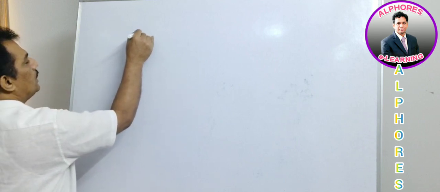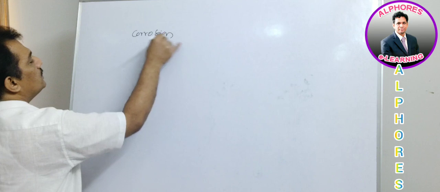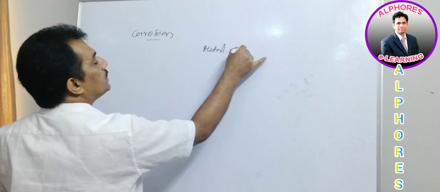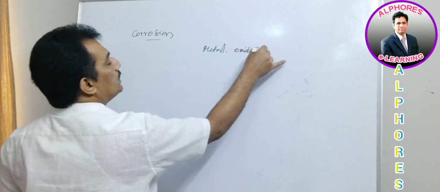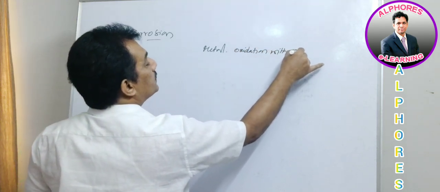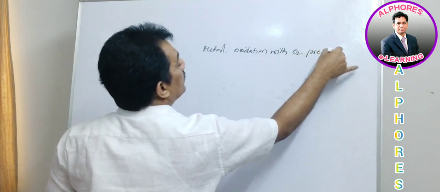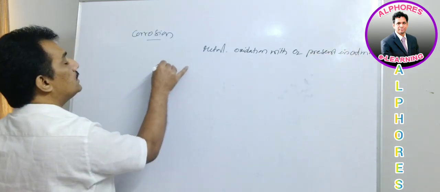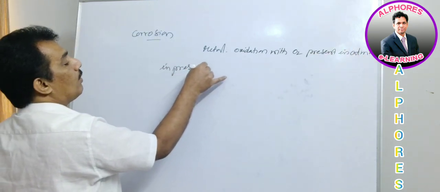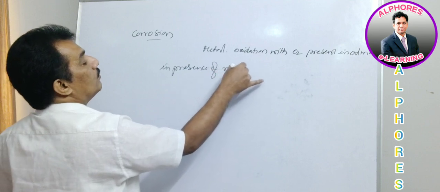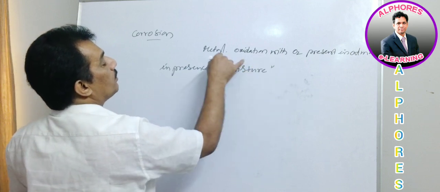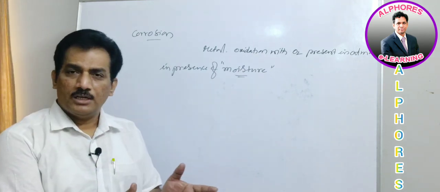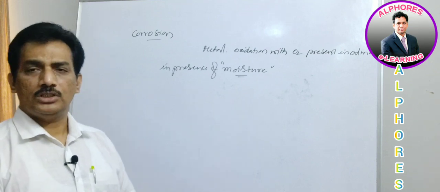Corrosion happens because of metal oxidation with oxygen present in the atmosphere, in presence of moisture. Only in presence of moisture is corrosion possible. The moisture present in the atmosphere is sufficient to make any metal go for corrosion.